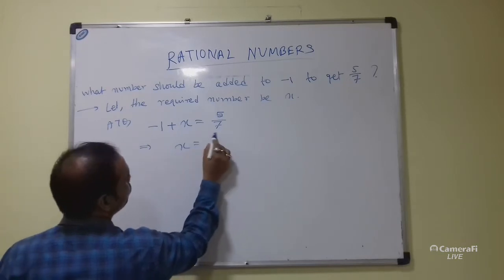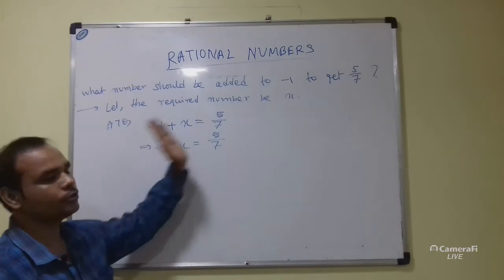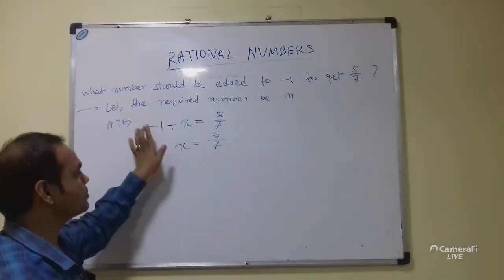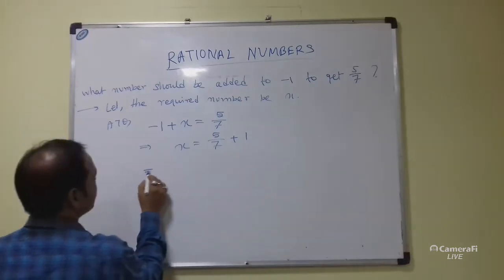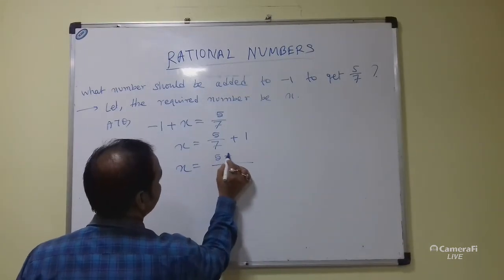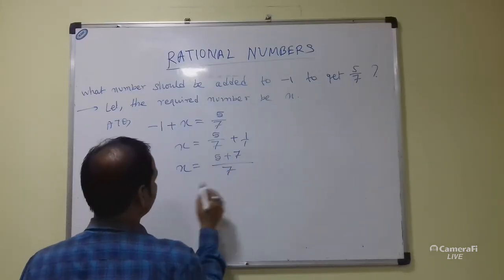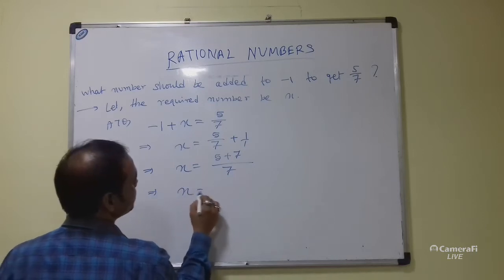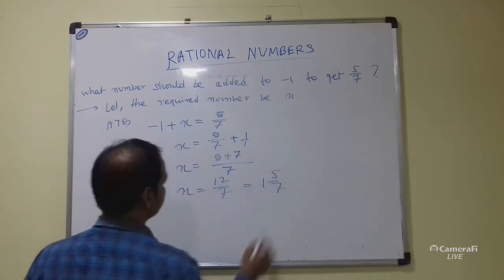Now x is equal to 5 by 7. We have to transfer minus 1 to the right hand side, so it will be plus 1. So x is equal to 5 plus, here the denominator is 1, so it will be 7. This implies x is equal to 12 by 7 or 1 whole 5 by 7.